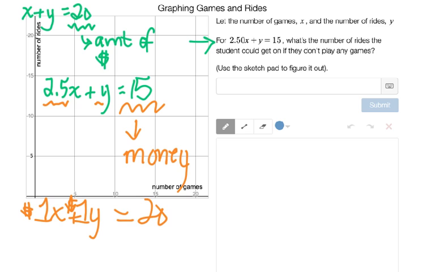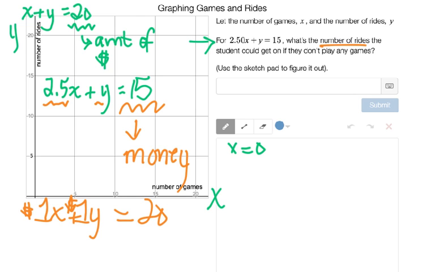So now it says, okay, 2.5x plus y is equal to 15. So what's the number of rides the student can get on if they don't play any games? Well, remember, games is x. This is x. And the rides is y. Right? So if I play no games, that means x is equal to 0. And if x is equal to 0, what does that mean?